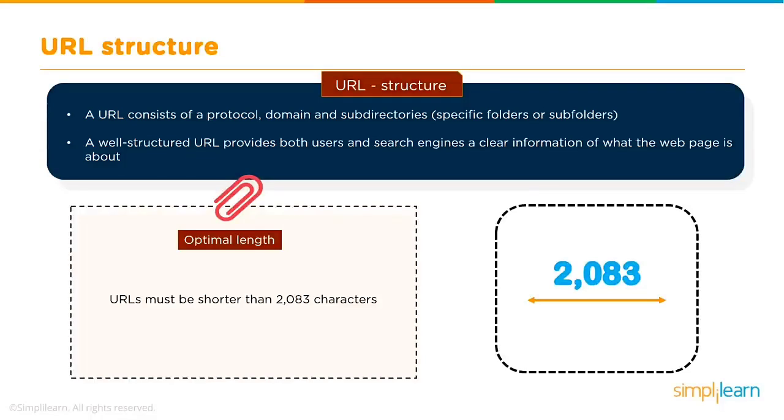We want to keep the number of directories and subdirectories to a limit. In this example, xyz.com, if we want to optimize that URL, we could put the targeted keyword in the URL if we'd like to, but we want to keep it to a minimum of 1 to 2 subdirectories. The fewer the subdirectories, the better off we are, because not only will the end user understand the URL, but the search engines will understand it as well.